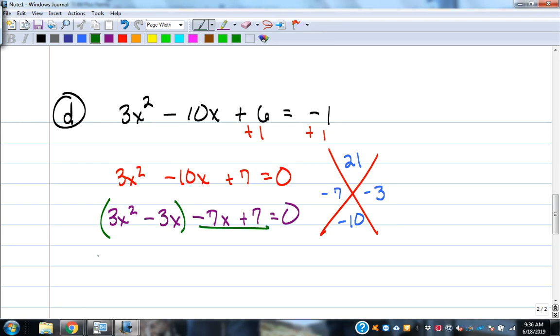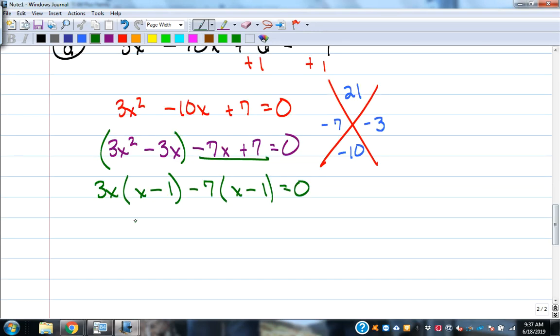GCF of the first group, both of them are 3x. So that's going to leave x minus 1. Second group, 7 and 7. So we know it's a 7, but what kind of 7 is it? Negative, because this minus is in the middle there. And that'll leave us x minus 1 in there.